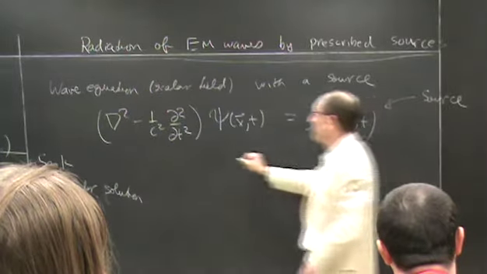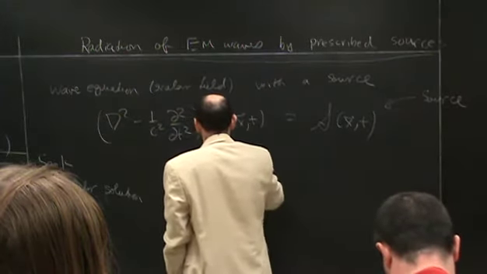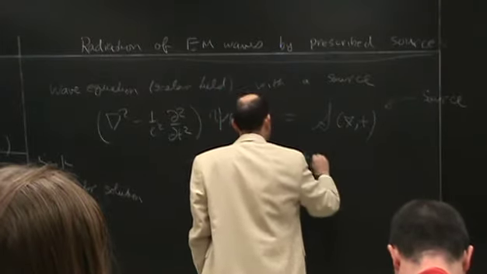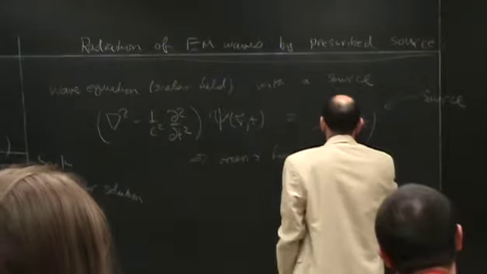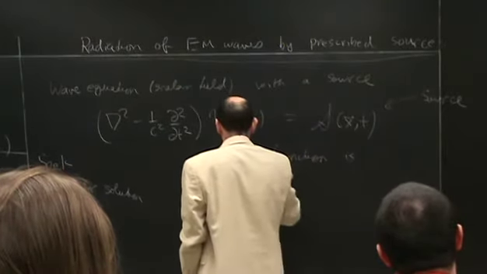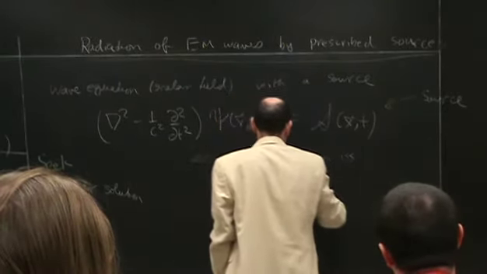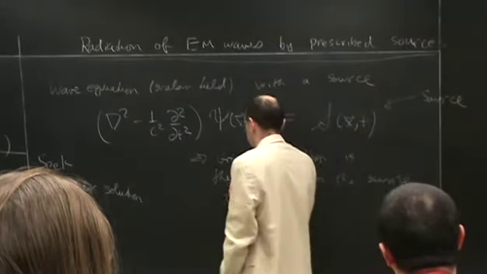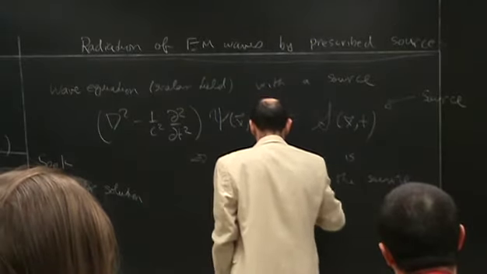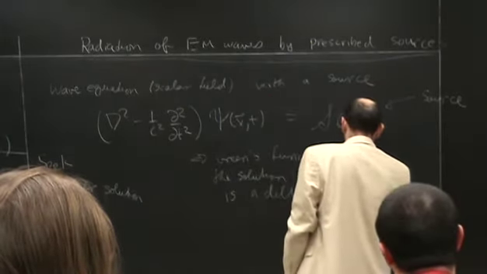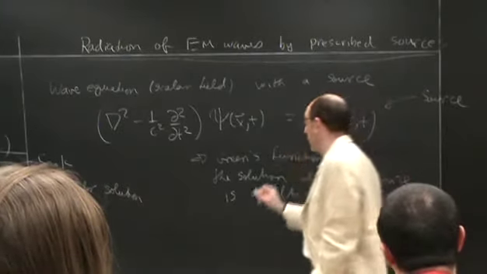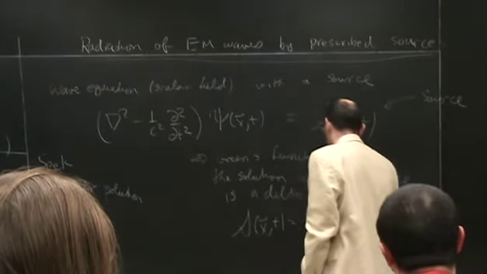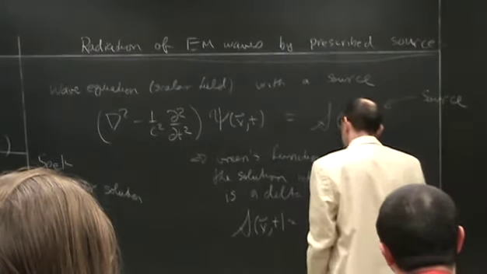So the Green's function is the solution when the source is a delta function. Instead of breaking up into Fourier components, we break up the source into delta functions.